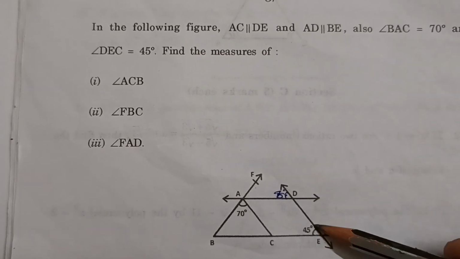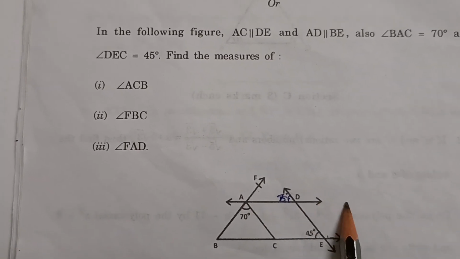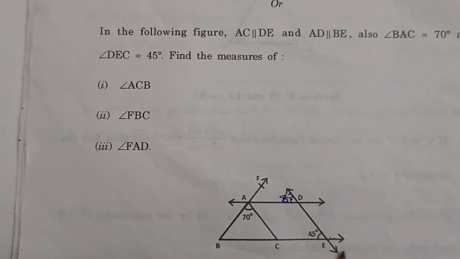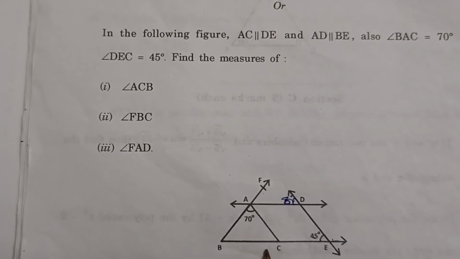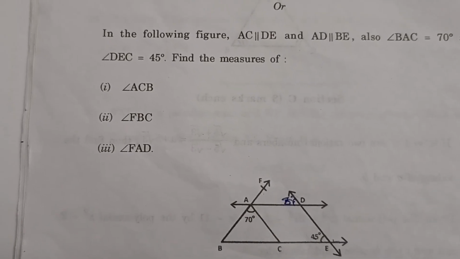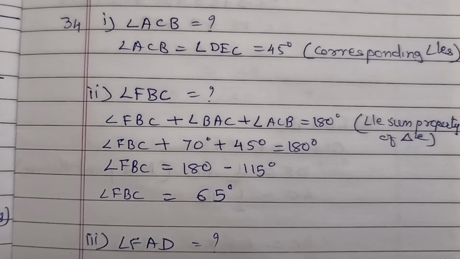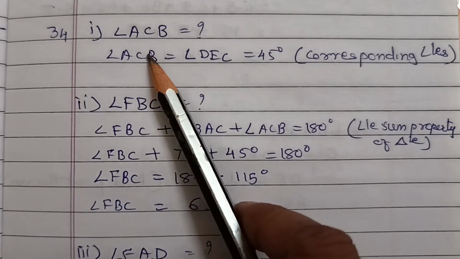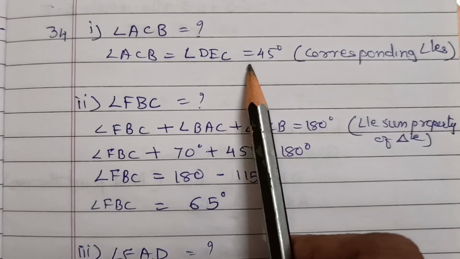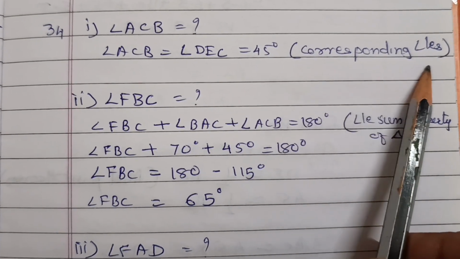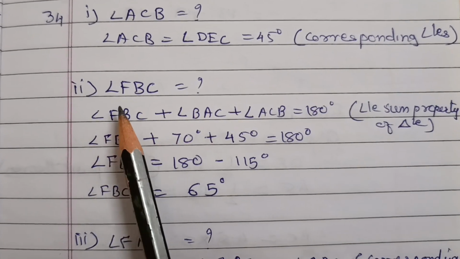These two are corresponding angles since AD and BE are parallel and AC and DE are also parallel. So we can say angle ACB is equal to DEC is equal to 45 degrees since they are corresponding angles.